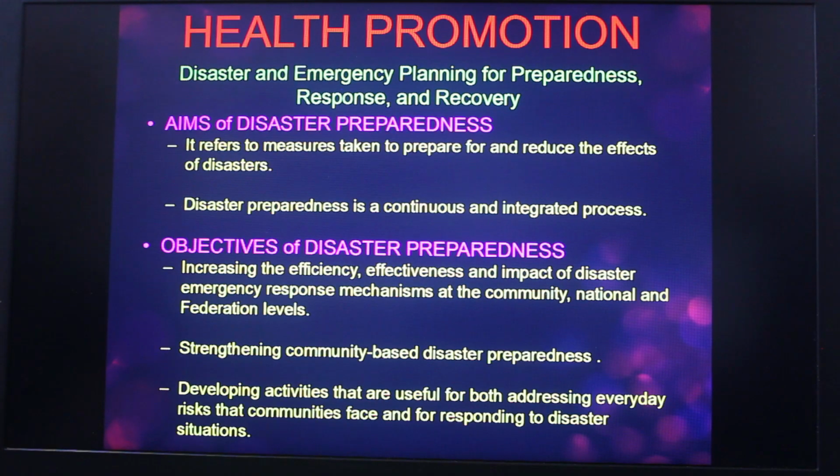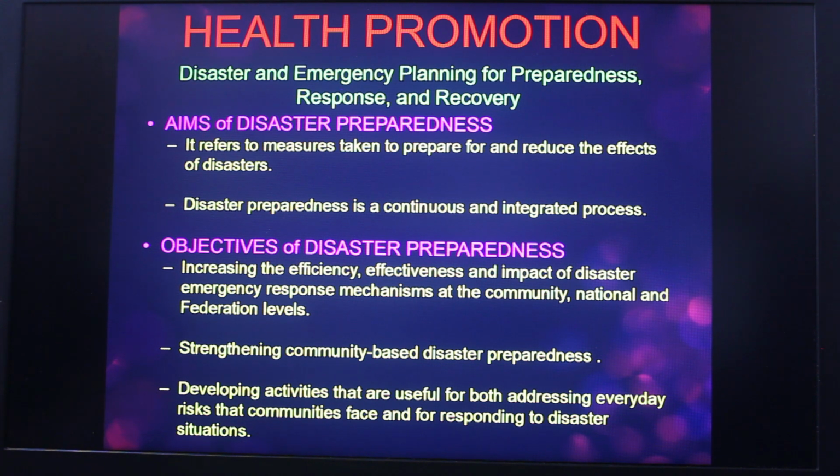Now let us take a look at the aims of disaster preparedness. It refers to measures taken to prepare for and reduce the effects of disasters. Disaster preparedness is a continuous and integrated process.